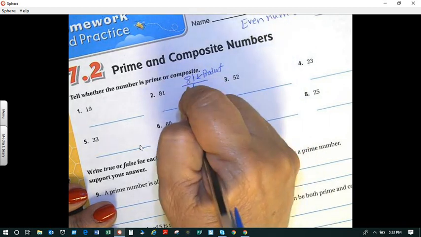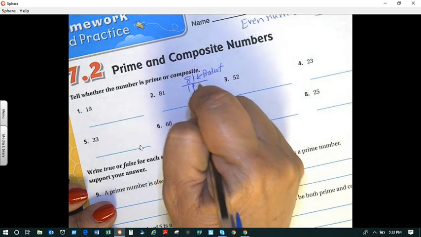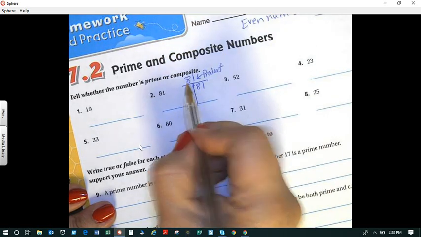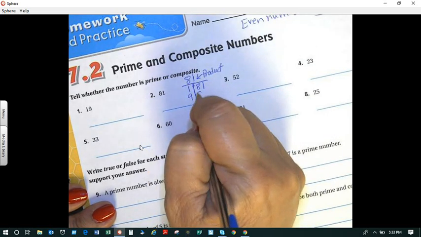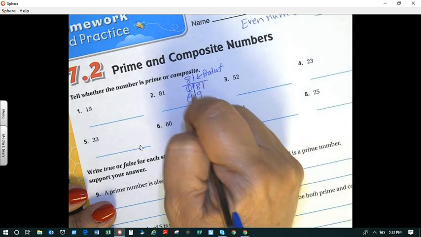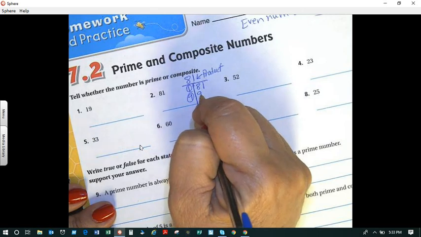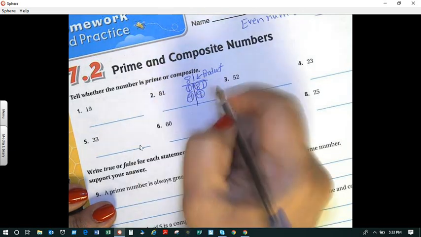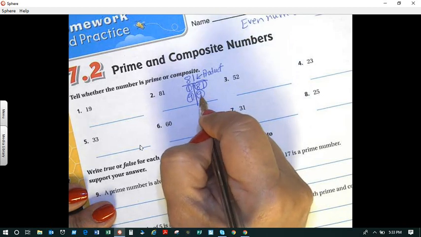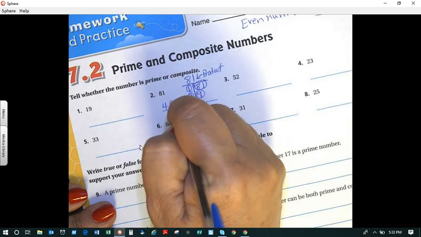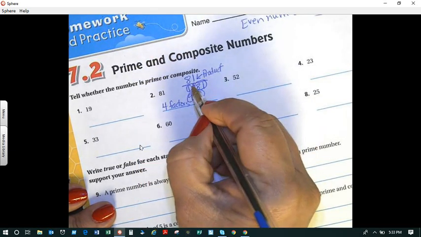And we know right off the bat, we have 1 times 81. Then we also said 9 times 9. And so I'm counting up my factors. I have 1, 2, and I can count this one, so I can say there's 4 factors, but because they're the same, I'm going to write down 3 factors: 1, 2, 3.